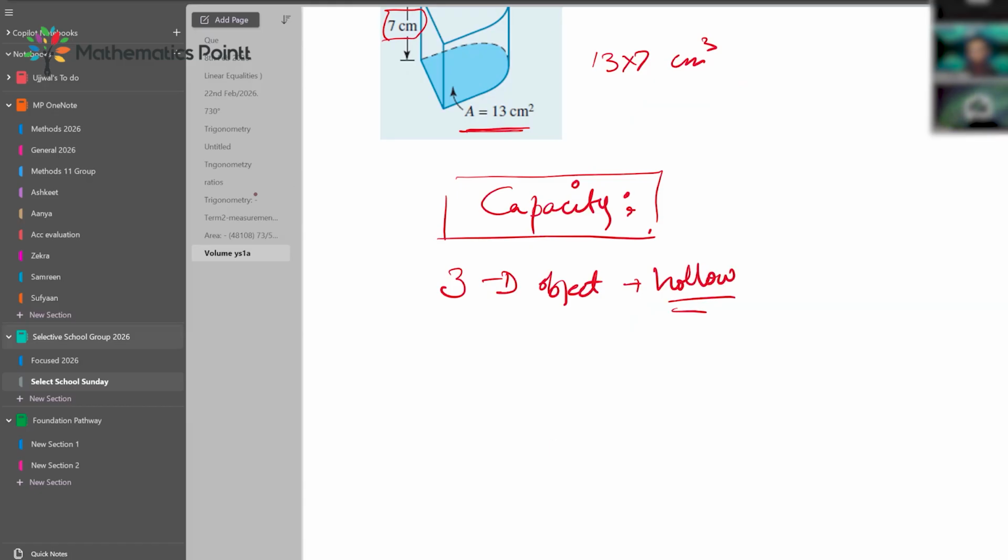So the amount of substance it can hold, for example, a liquid, is called capacity, which is often the volume as well. The word capacity measures, as I said, the amount of liquid your object can hold.